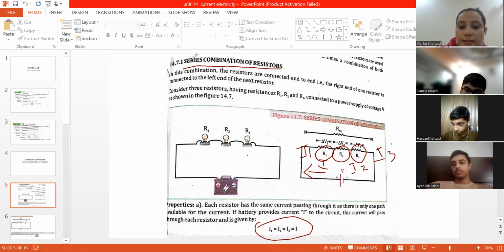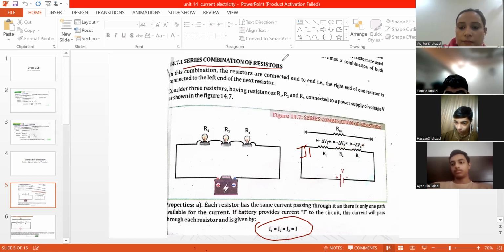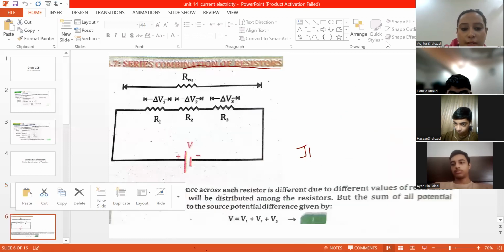As this current has the same value, we can write I1 equals I2 equals I3, right? So in case of series, the current is the same. Moving towards the next slide.